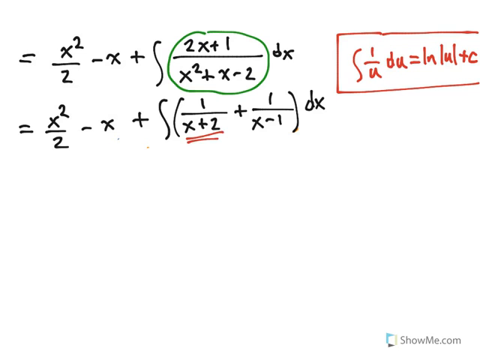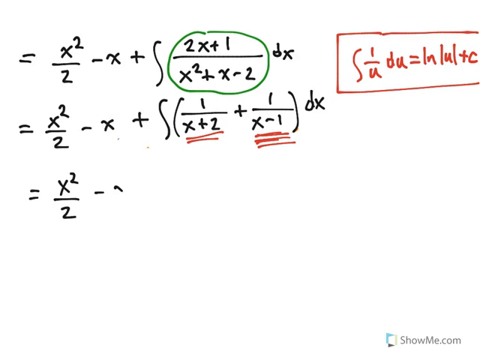In our particular problem here, you could let u be equal to x plus 2, and you can use a different variable other than u, or you can just keep it straight in your head and say let u be equal to x minus 1 for the second partial fraction. But in either case, du will be equal to dx, and this is a pretty simple substitution that you can carry out mentally, or you can write it on paper if you prefer.